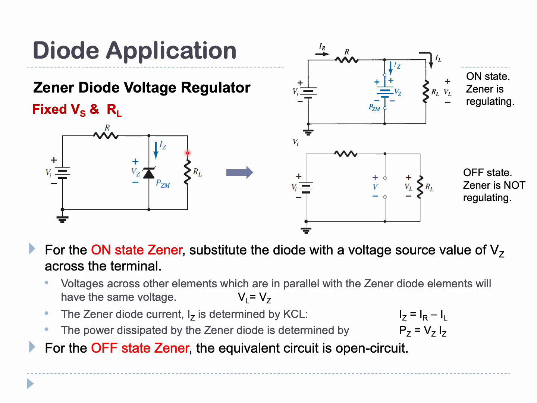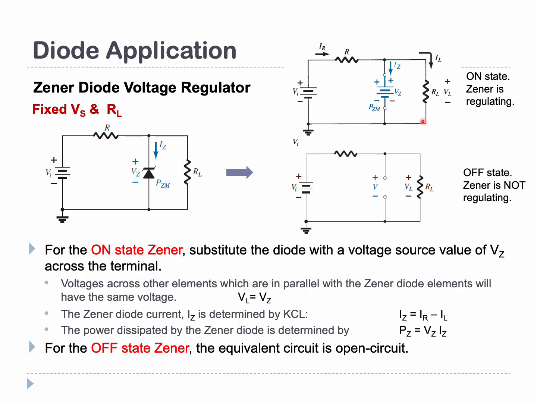Okay, so this is the same. Alright. Okay, for the explanation, if your zener is in on condition, your zener is regulating, right? If your zener is in an off state, meaning that your zener is not regulating.